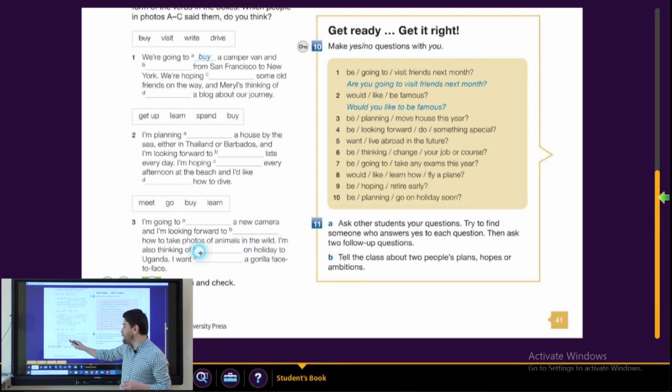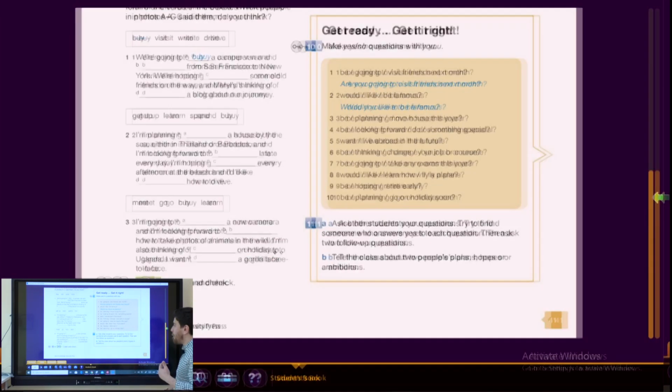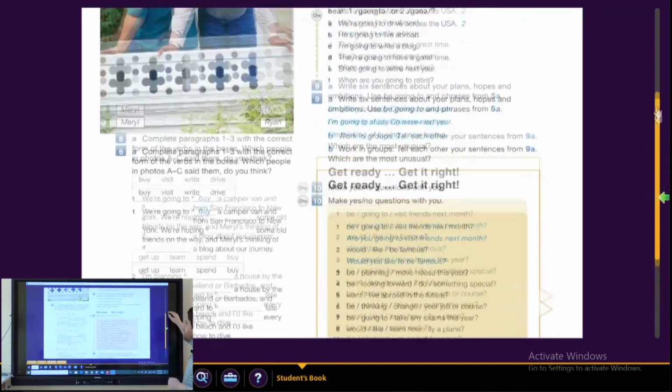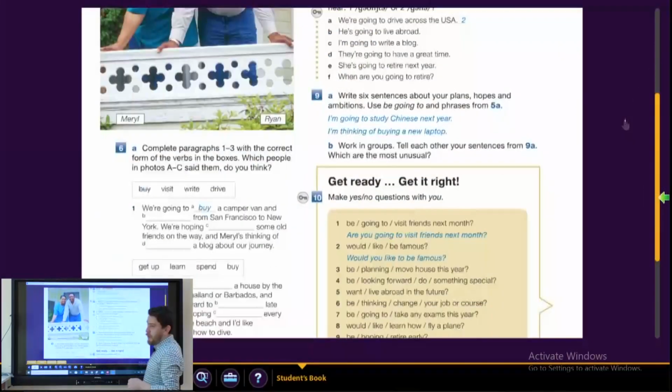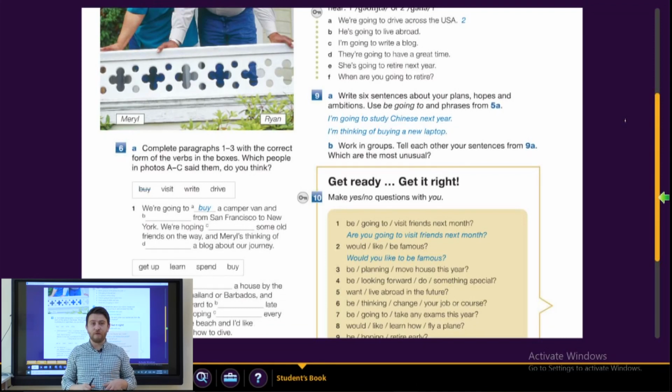I'm also thinking of going on a holiday to Uganda and I want to meet a gorilla face to face. That is picture B, Heidi.